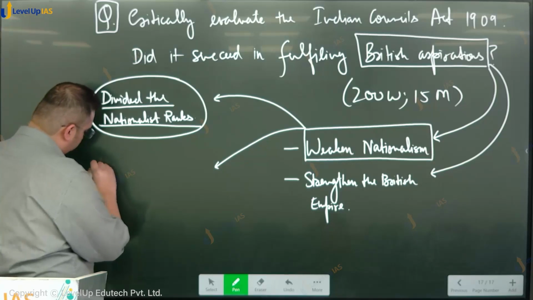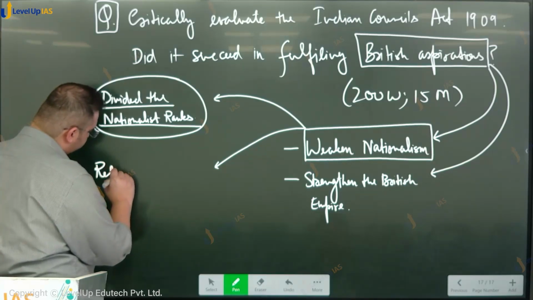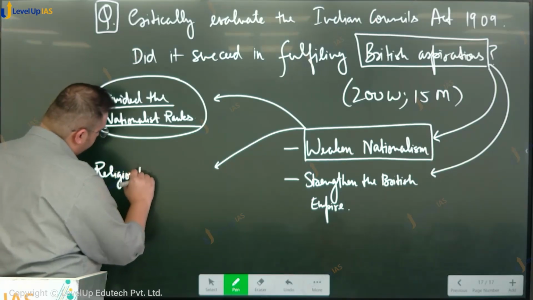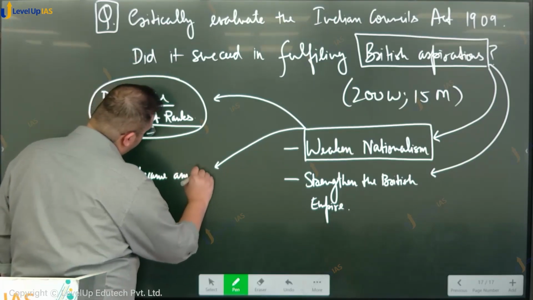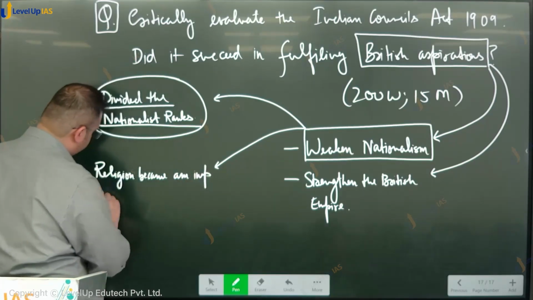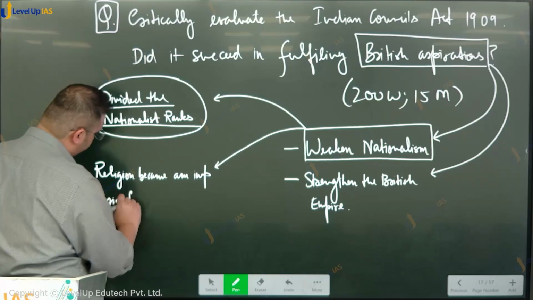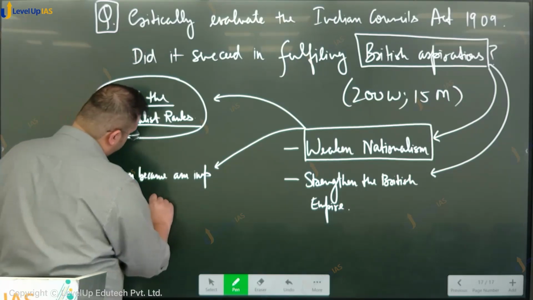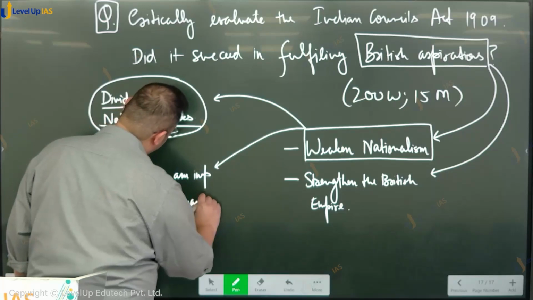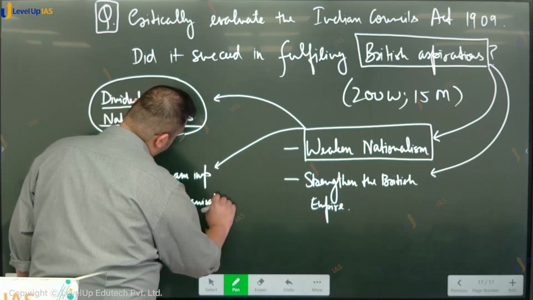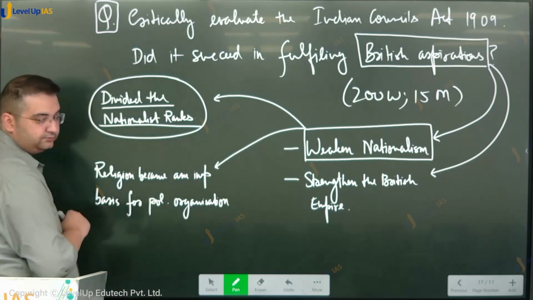So religion became an important basis for political organization. ठीक है. अब अंग्रेजों का दिक्कत क्या था?